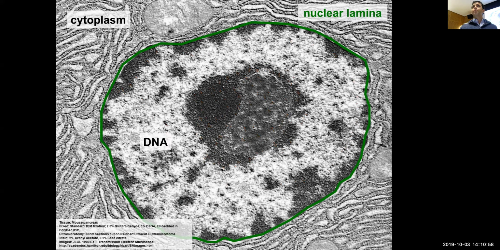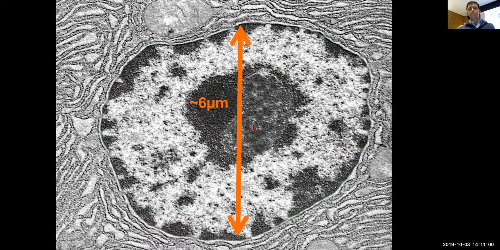Everybody with me here? So this is just basic cartography. And this is 6 micrometers wide, when in fact every single cell has 2 meters worth of DNA. So we're talking about a factor of compaction of 10 to the 6.